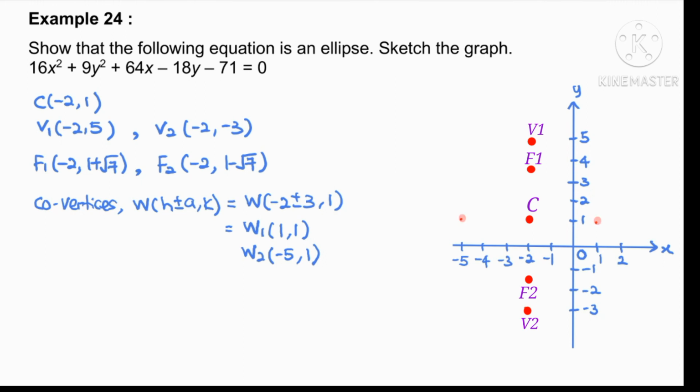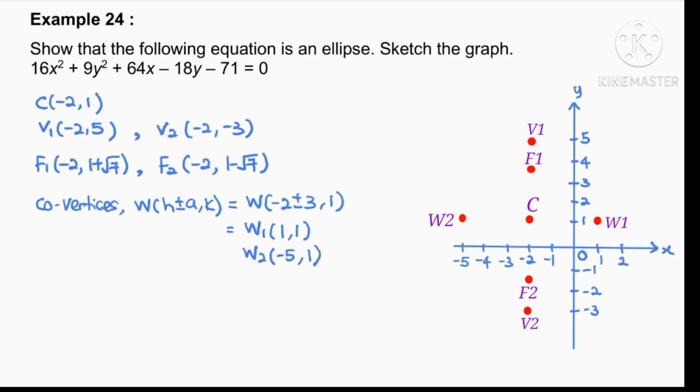And here are the coordinates of the two co-vertices of the ellipse, labeled W1 and W2. We are done with plotting all the points. Now let us sketch the ellipse, connecting the vertices and the co-vertices of the ellipse. So here is the ellipse. Well, that's it. Thanks for watching.